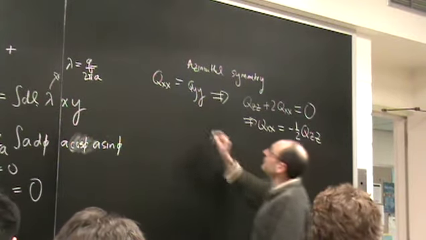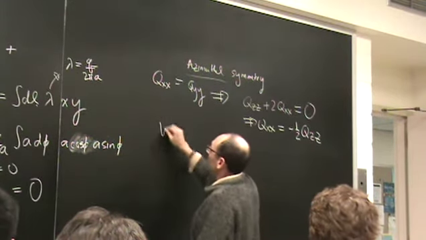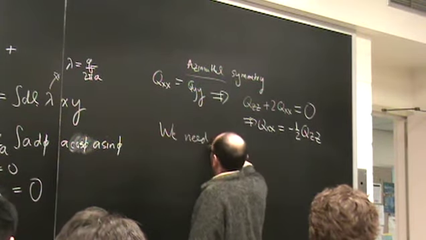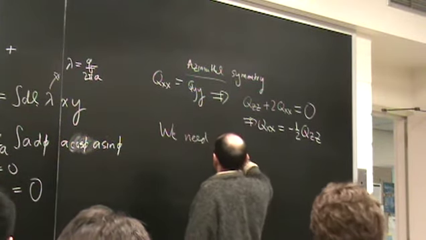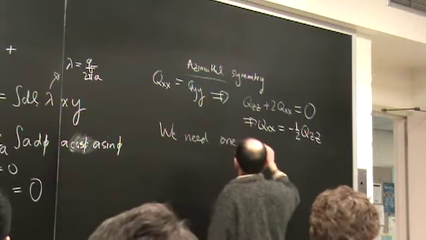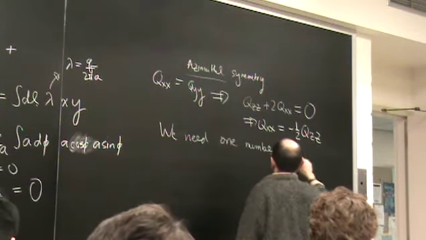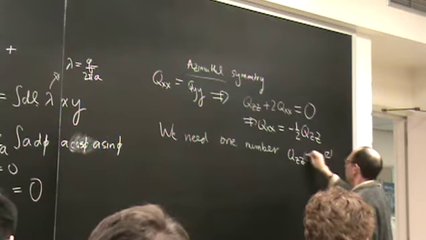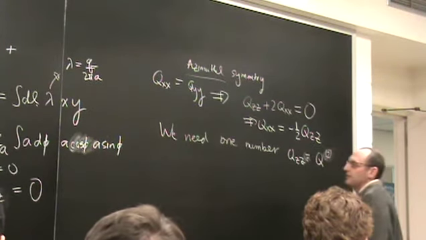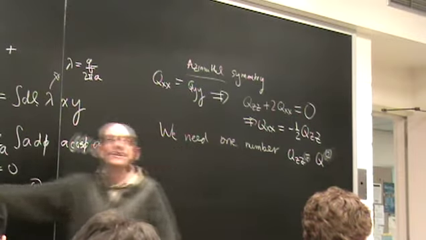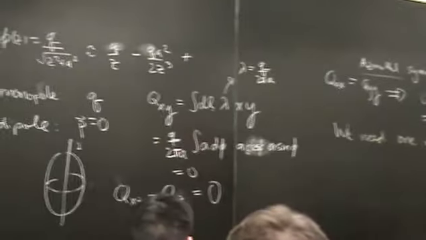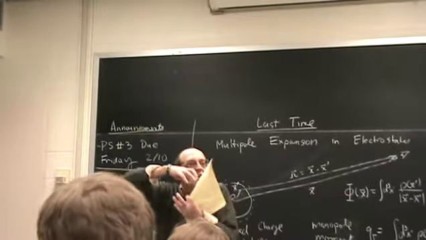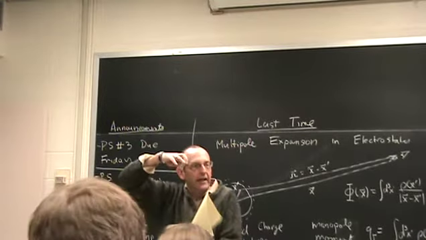So for azimuthal symmetry, we need one number, qzz, which is sometimes called the quadrupole moment. If I have an azimuthally symmetric distribution like an egg, we would say there is a quadrupole moment associated with that. And you talk about the nucleus in an atom having a quadrupole moment because of the anisotropy of the nucleons.